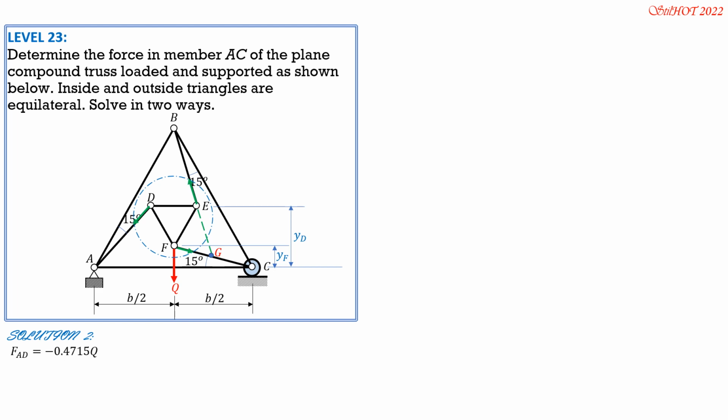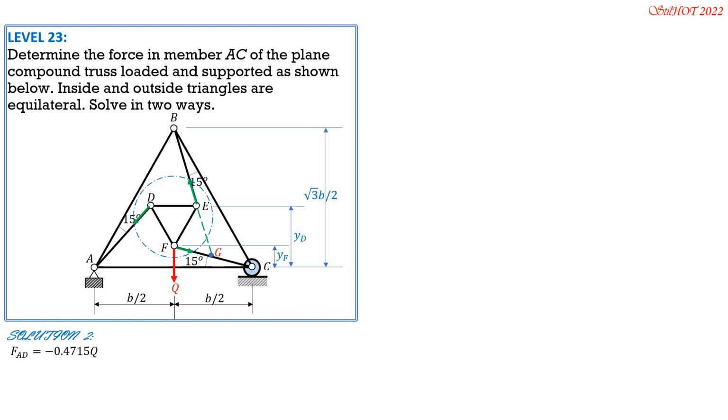So tangent of 60 equals vertical distance over B over 2. Therefore, this is B over 2 tangent 60, which is equal to square root of 3b over 2. So I hope you know that.